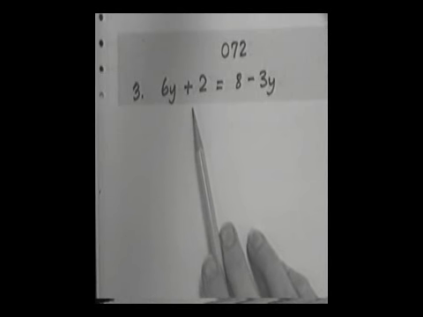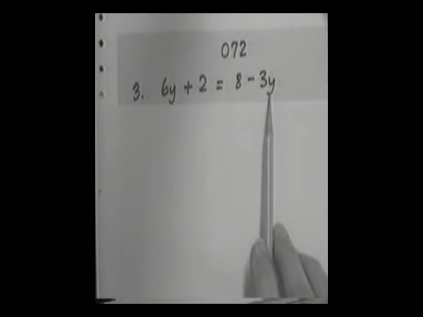Now all we can do is remove terms by adding their opposites, or remove coefficients by dividing by the coefficient. We want to remove the variable term on the right side.